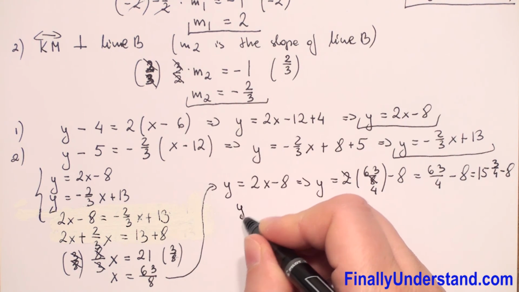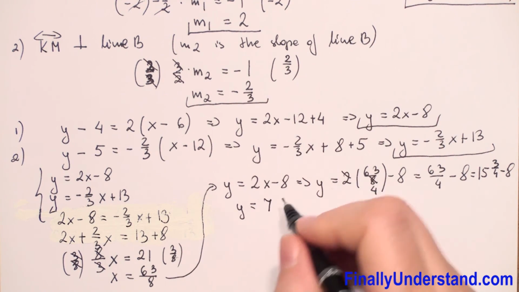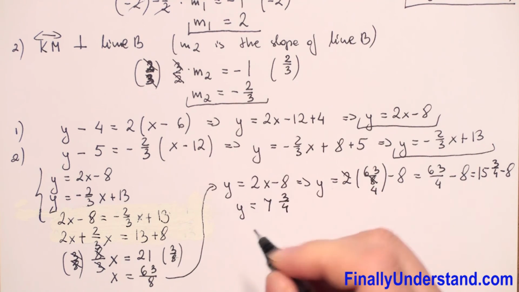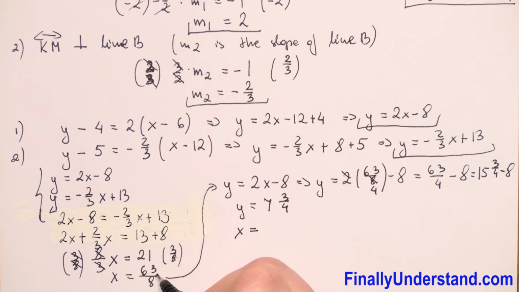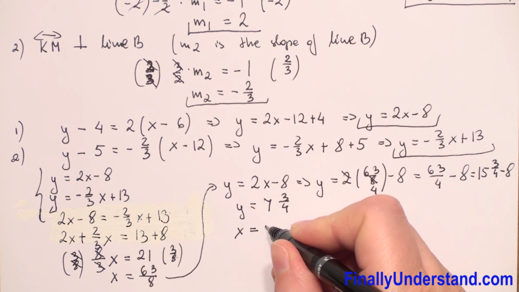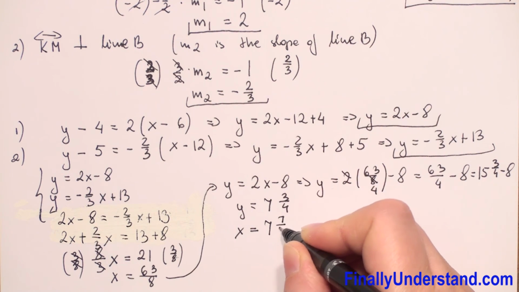So y is equal to 15 minus 8 is 7, and we have 3 over 4. And let's change 63 over 8. It will be 7 and 7 over 8.